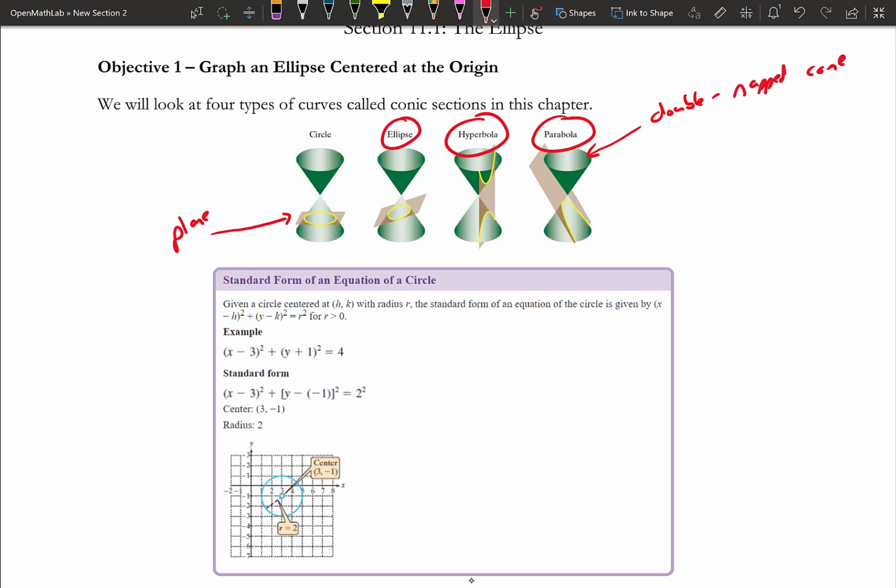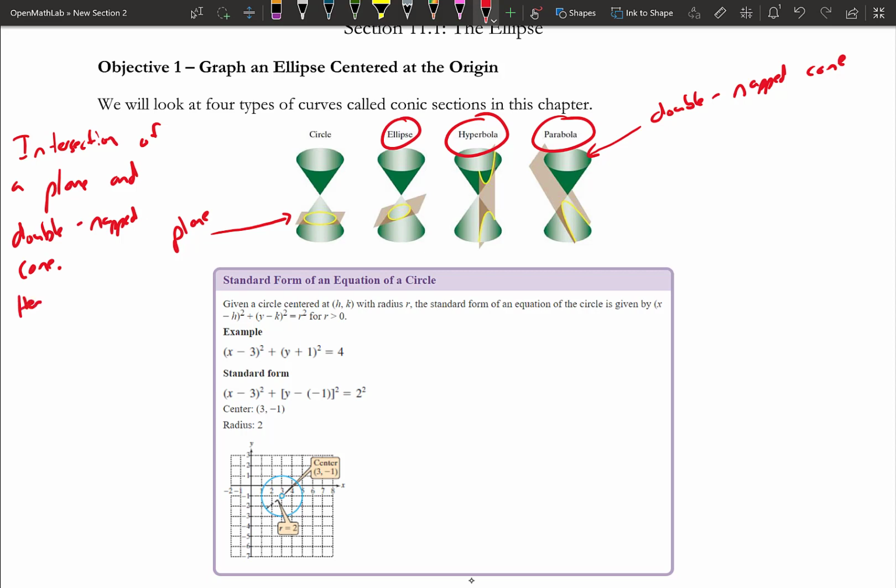And what we're going to look at essentially is the intersection of a plane and the double napped cone, right?